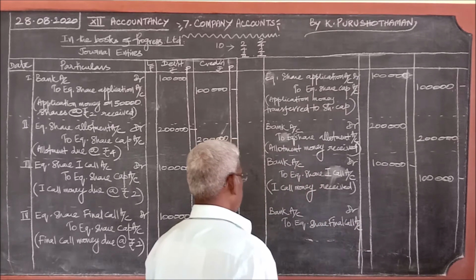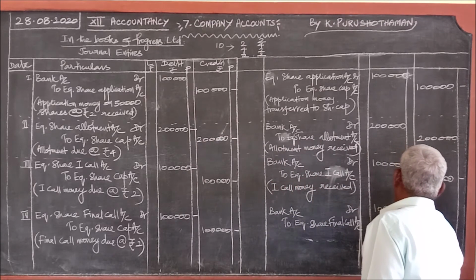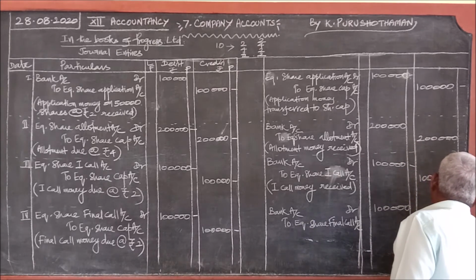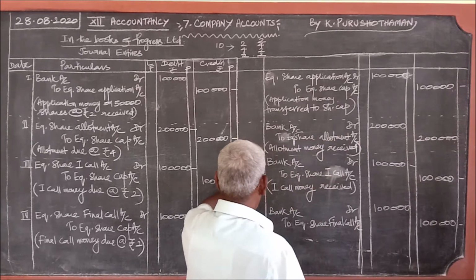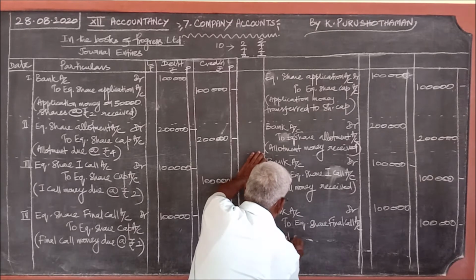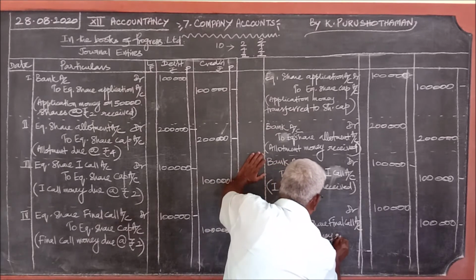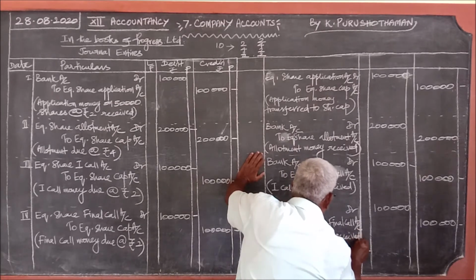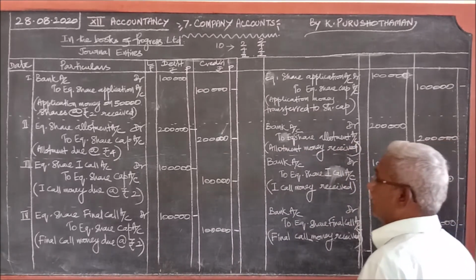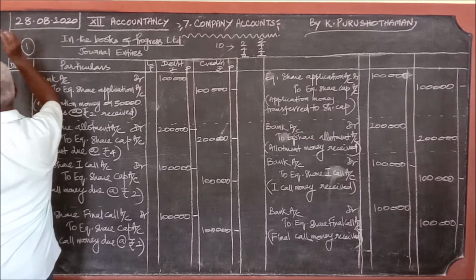Narration: final call money received. This is the answer for the first problem given in the exercise.